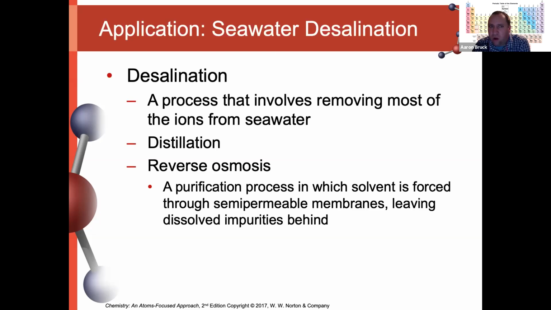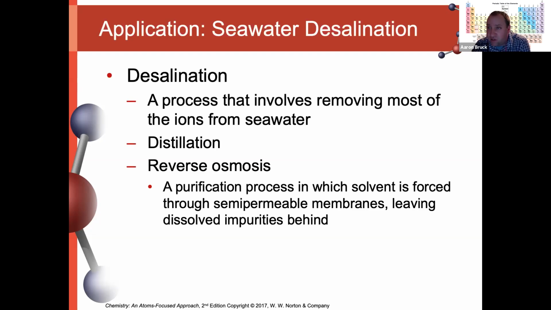So more common processes for purifying water involve reverse osmosis. In reverse osmosis, what we do is we take that idea of osmotic pressure and we actually amplify it. So let's take that example that we saw in the last problem where we had to apply 7.89 atmospheres of pressure just to stop the flow of osmosis.